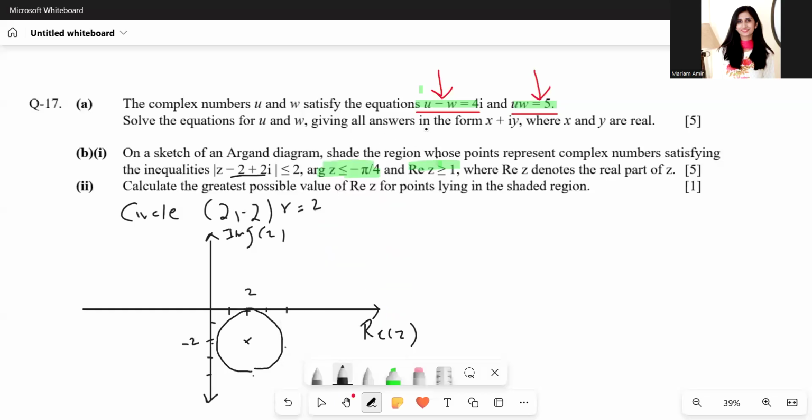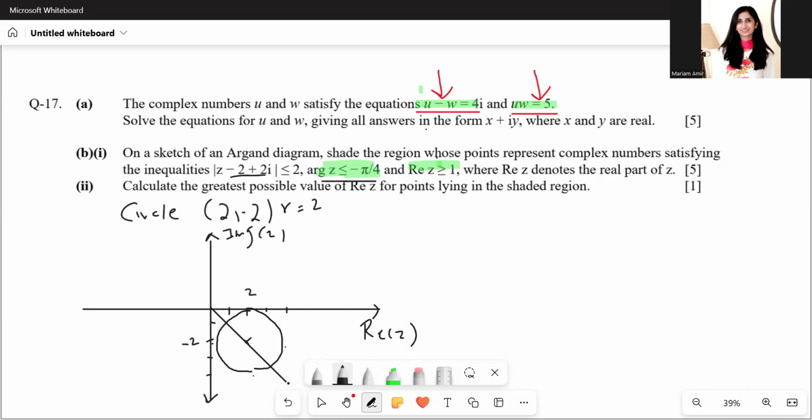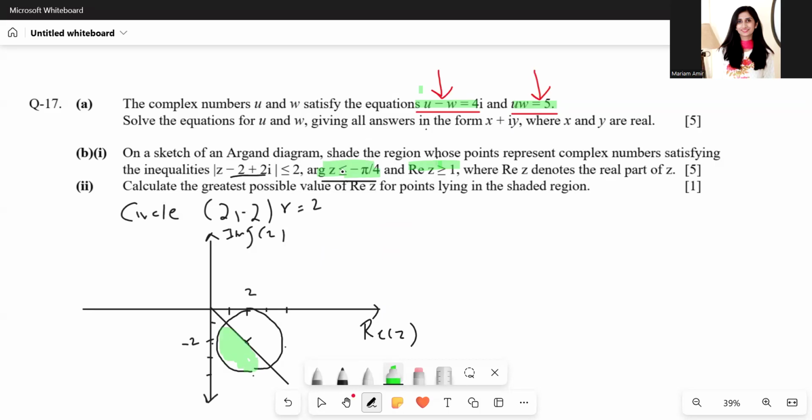Okay. Next inequality is the argument of z is less than or equal to minus pi by 4. Let's make the angle minus pi by 4. It's going to exactly pass through the origin and the center. Okay. And now the argument is less than or equal to this angle. That means it has to be here because it's negative. So you will be shading the part with the greater magnitude. Okay.